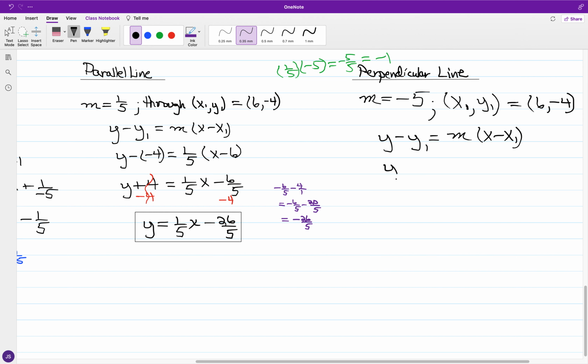So for y minus y1, again, we have y minus -4 is equal to the slope m, which we have at -5, times the quantity of x minus 6. So again, we have y plus 4, and with the distribution of -5 over the quantity of x minus 6, we'll have a -5x, followed by negative 5 times negative 6, so this would be a positive 30.